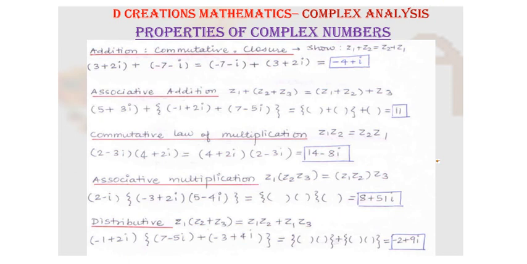Now there's commutative law of multiplication as well. That means if you multiply complex numbers z1 and z2, it is same as multiplying z2 with z1. So consider two complex numbers, 2 minus 3i, 4 plus 2i. When you multiply them, of course, it will be 2 into 4 gives you 8.